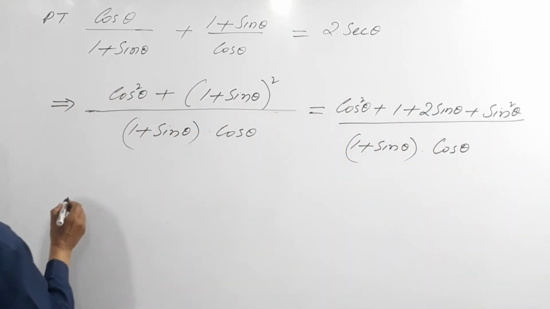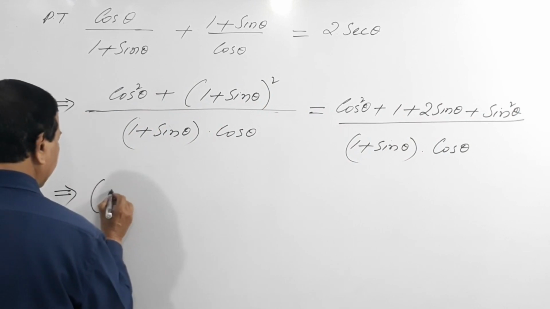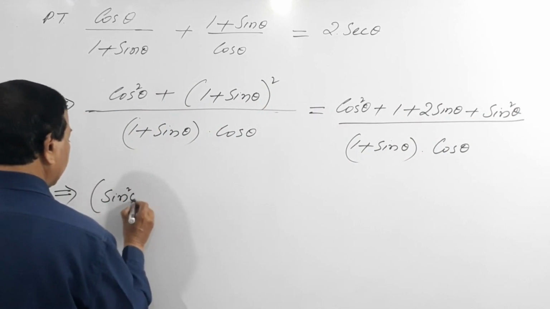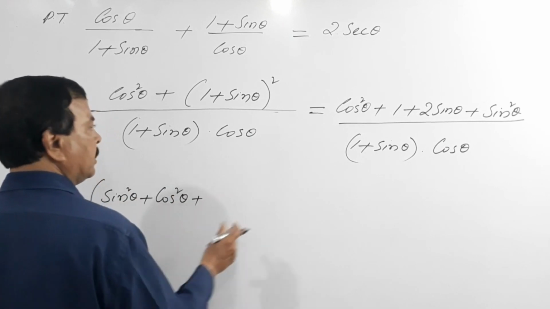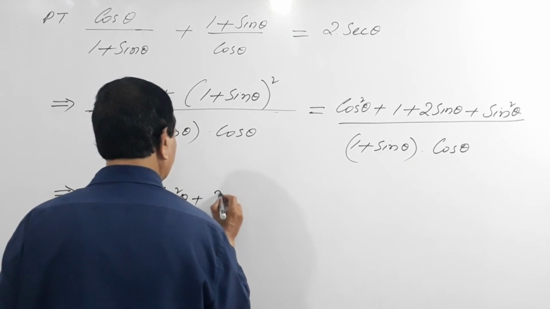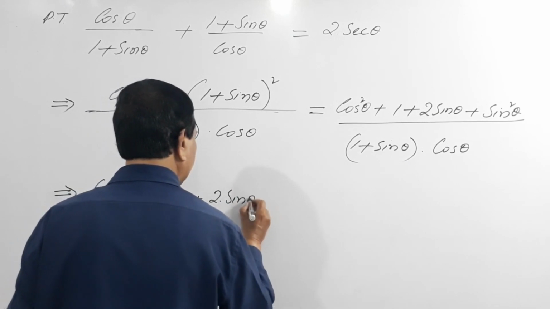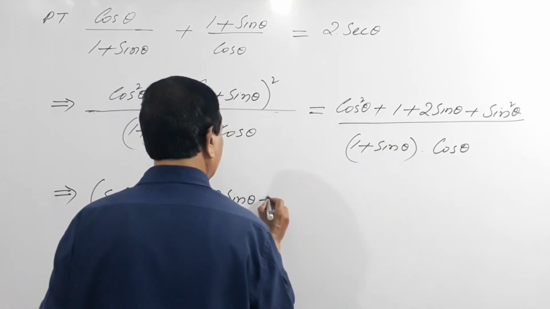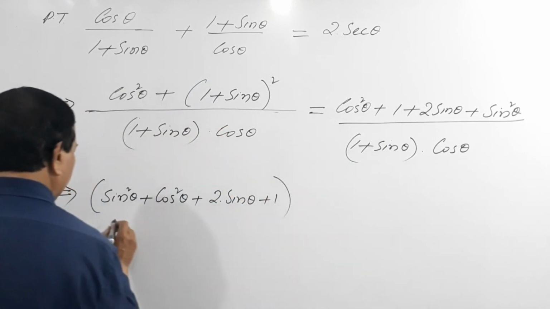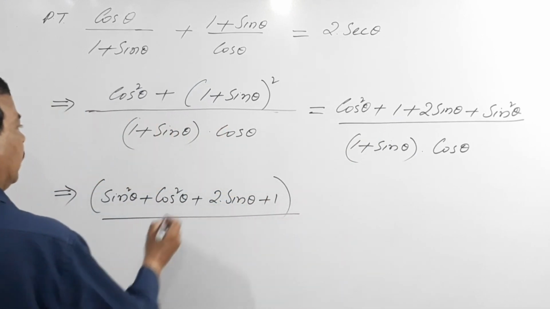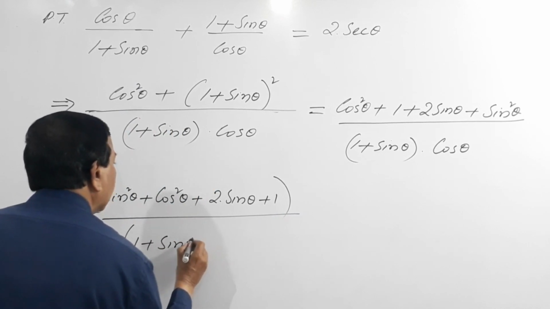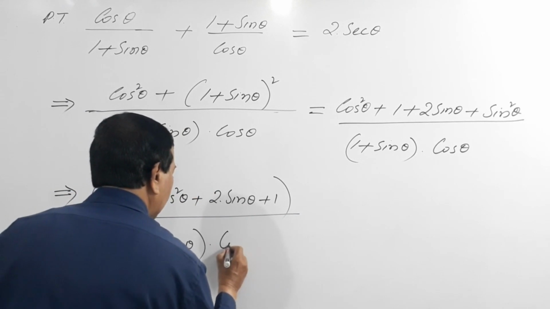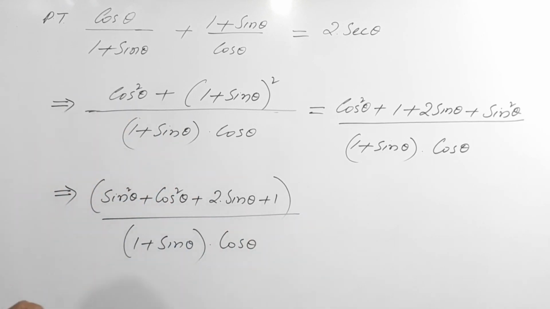So the same, I'll write first to begin with: sin square theta plus cos square theta plus 2 sin theta plus 1, divided by 1 plus sin theta into cos theta. Done. So I'll rub this.